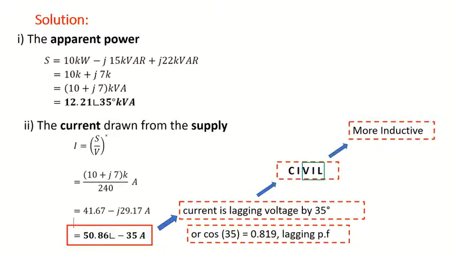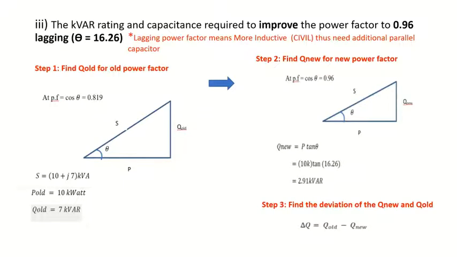Next, the kVA rating and the capacitor required to improve the power factor to 0.9 lagging. Now we have to improve the power factor from 0.81, the answer that we found previously. This is the general step that you can implement to get the new capacitance.